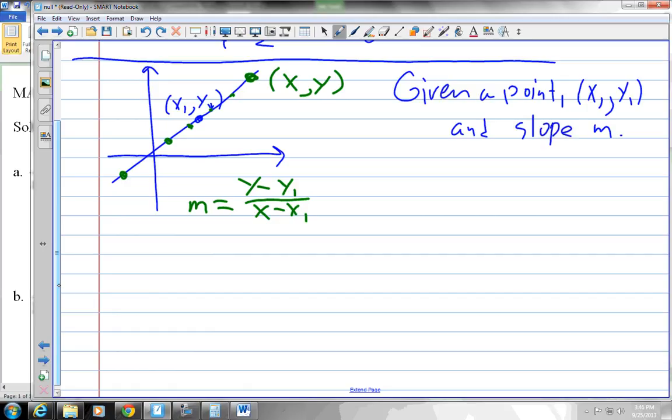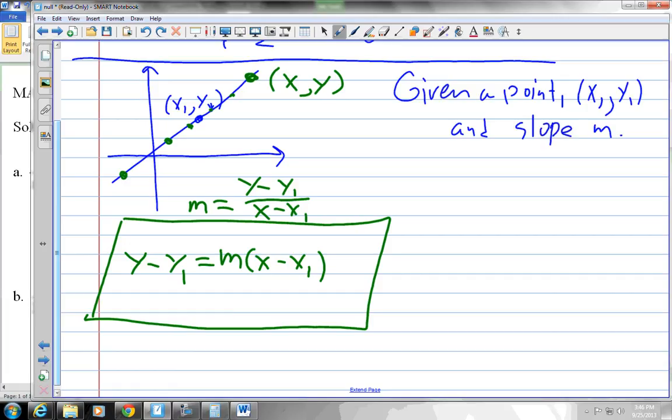So, are we okay with that? I can rearrange it algebraically if I just multiply both sides by that denominator. I can rewrite this expression as y minus y1, which is the numerator, equals m times x minus x1. Right? So this right there is the equation of a line.